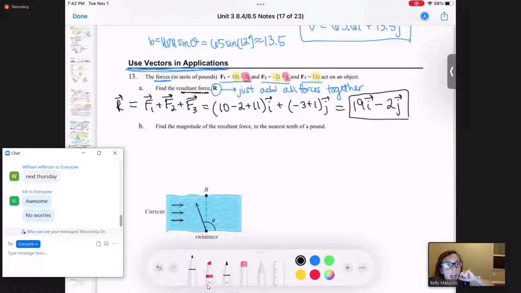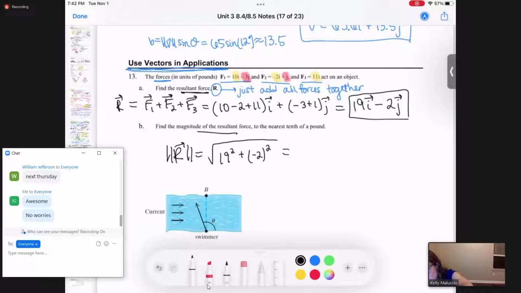That is it. And then it says find the magnitude of that force to the nearest tenth. Well, the magnitude of R is just the square root of the i coefficient squared plus the j coefficient squared. So it's the square root of 19 squared plus negative 2 squared. 19 squared is 361, and 4, so 365.